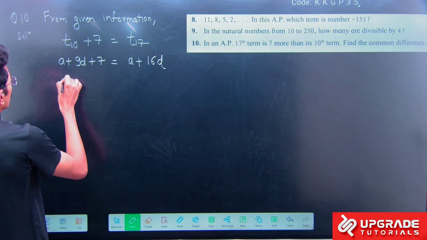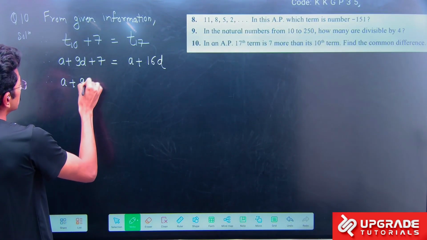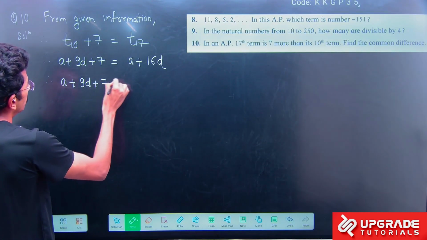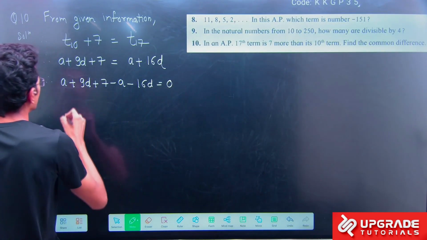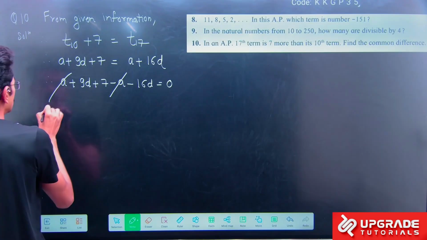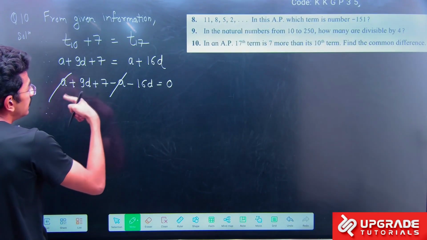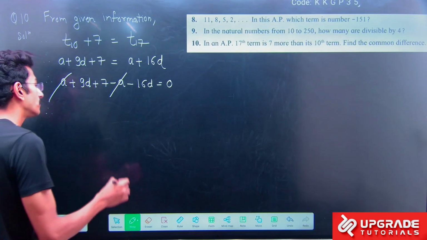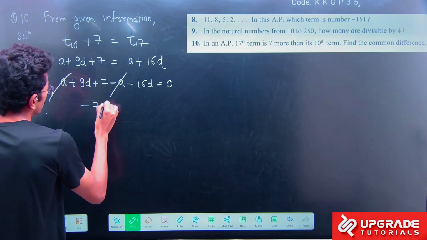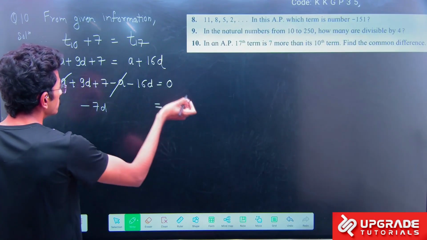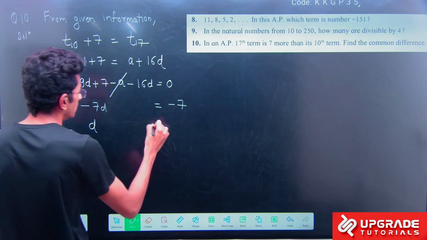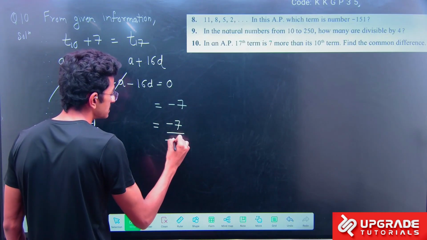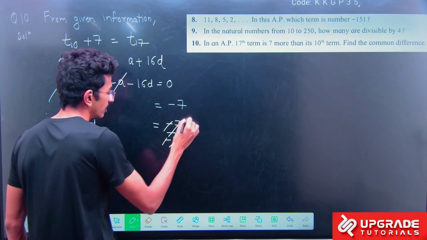It will be a plus 9d plus 7 minus a minus 16d equal to 0. Plus a minus a cancel. 9d minus 16d minus 7, and plus 7 will go towards the RHS and becomes minus 7. So what will be the value of d? Minus 7 upon minus 7, 1.